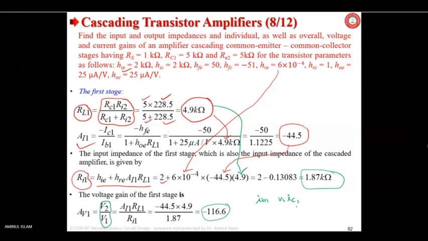So it is simply indicating, let me write here. Suppose IB is making this kind of excursion, sinusoidal. So tell me how the IC will be.